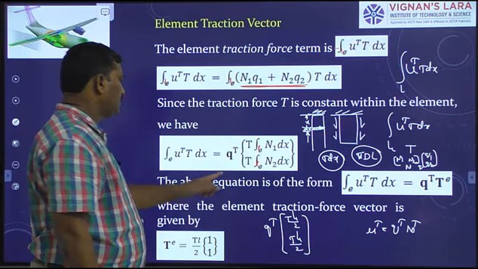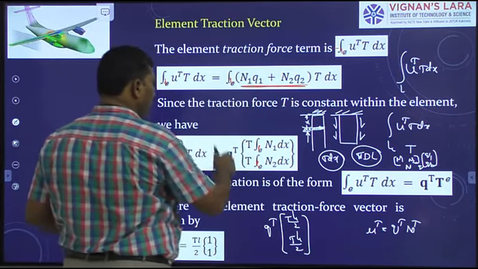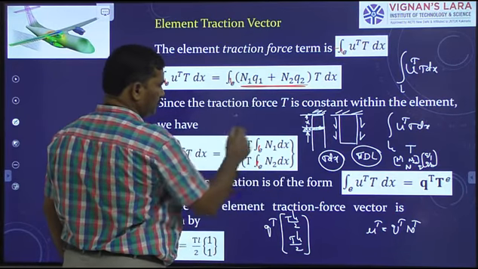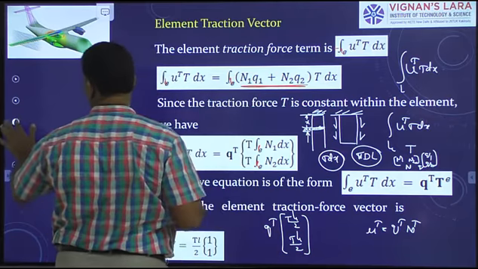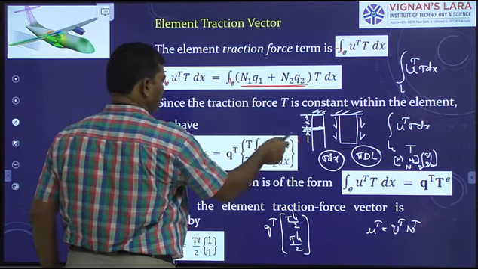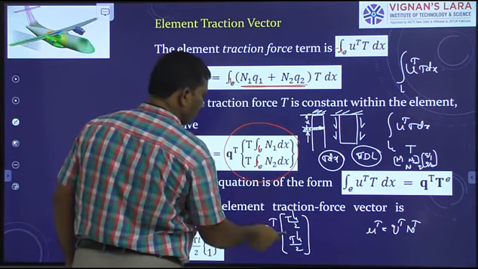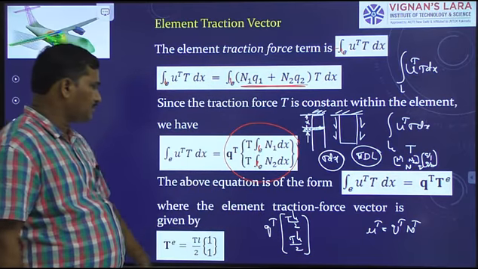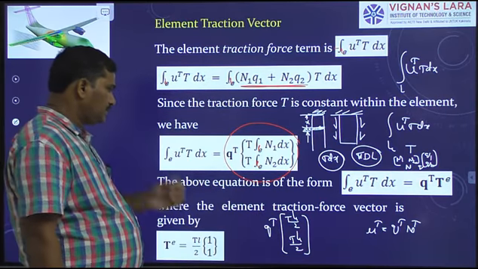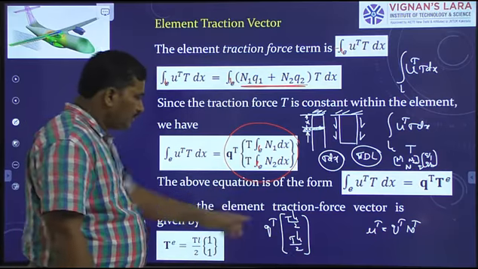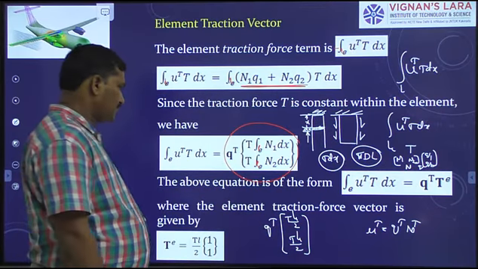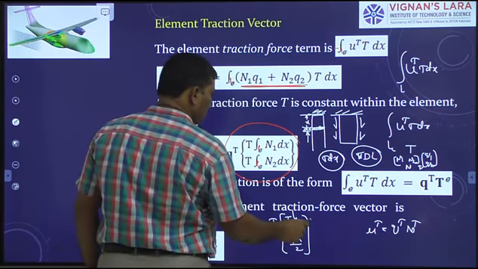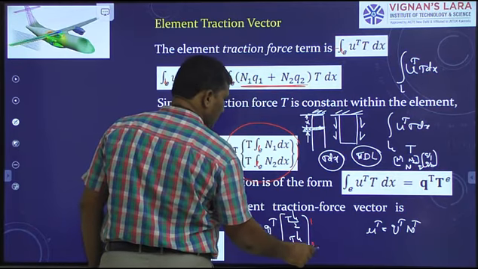This is how you get the entire expression: Q transpose into T LE by 2. Here T LE by 2 is a column matrix. These two correspond to the degrees of freedom 1 and 2.